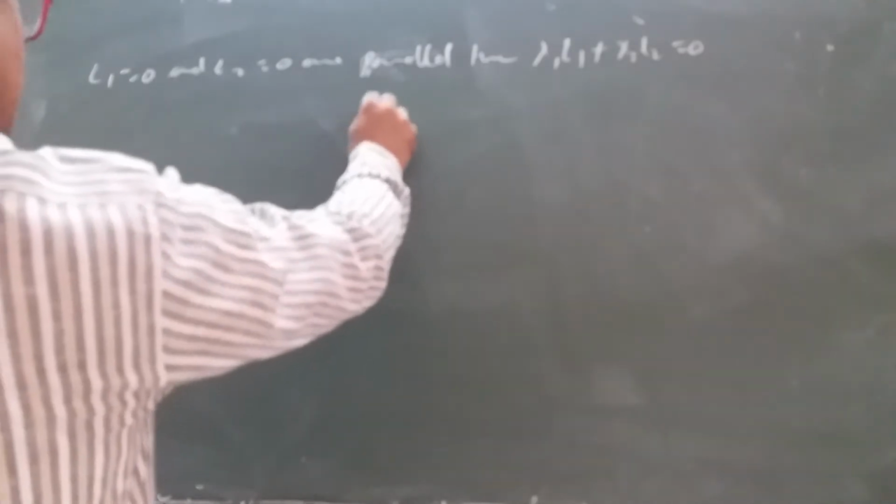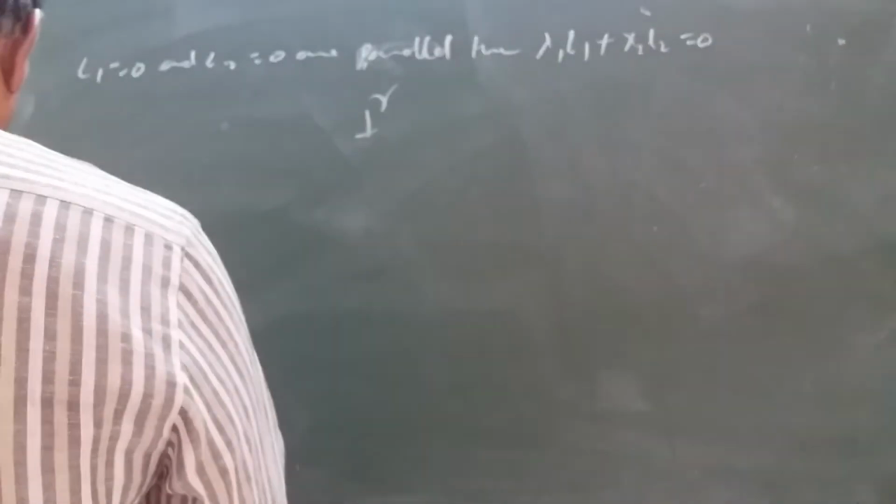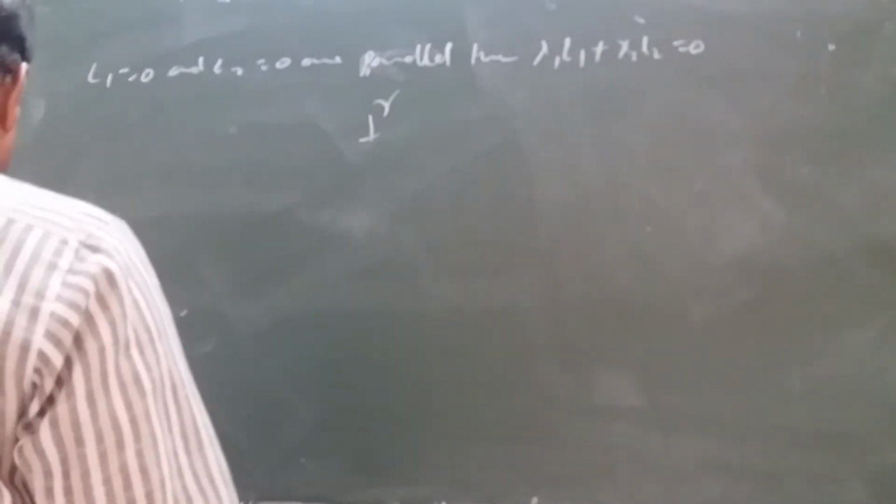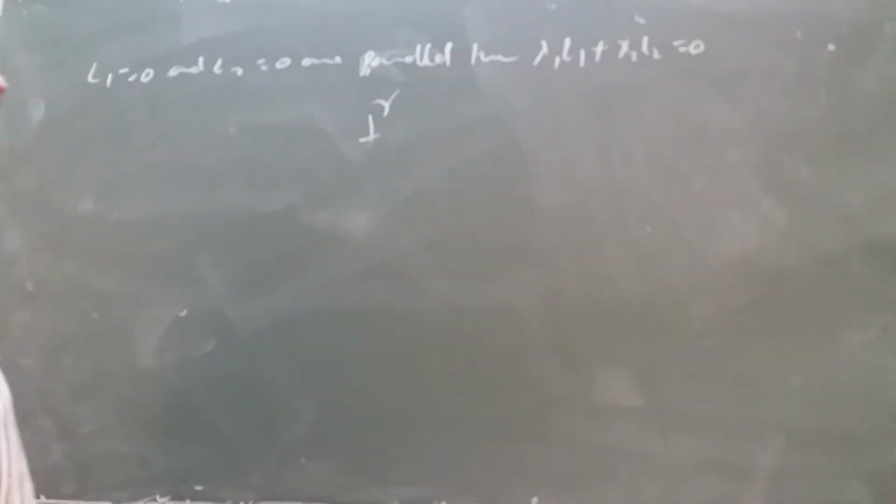Similarly, if L1 equals 0 and L2 equals 0 are perpendicular, then straight.